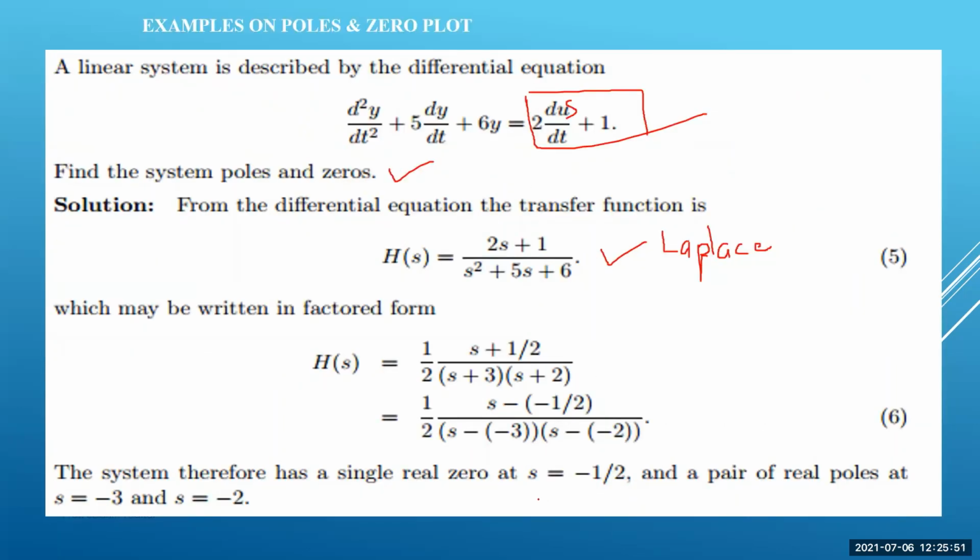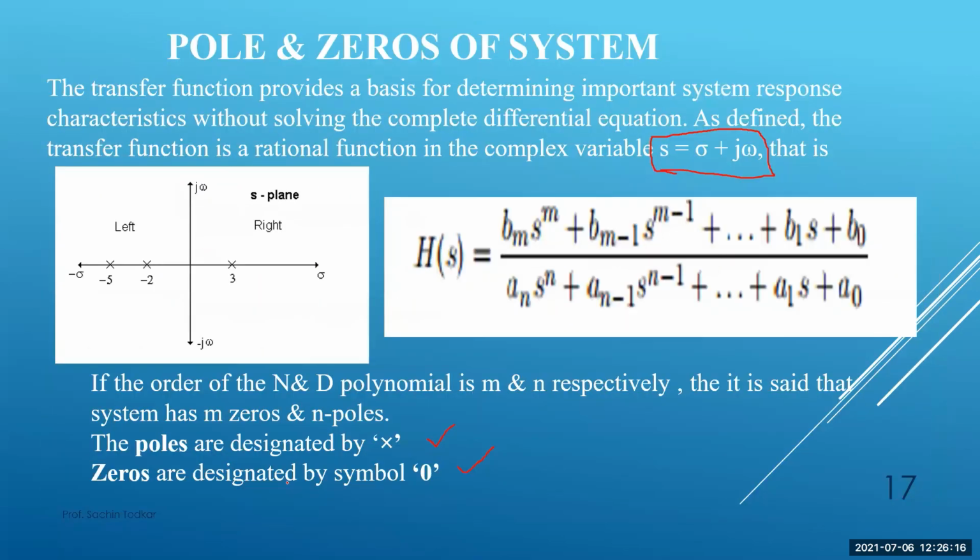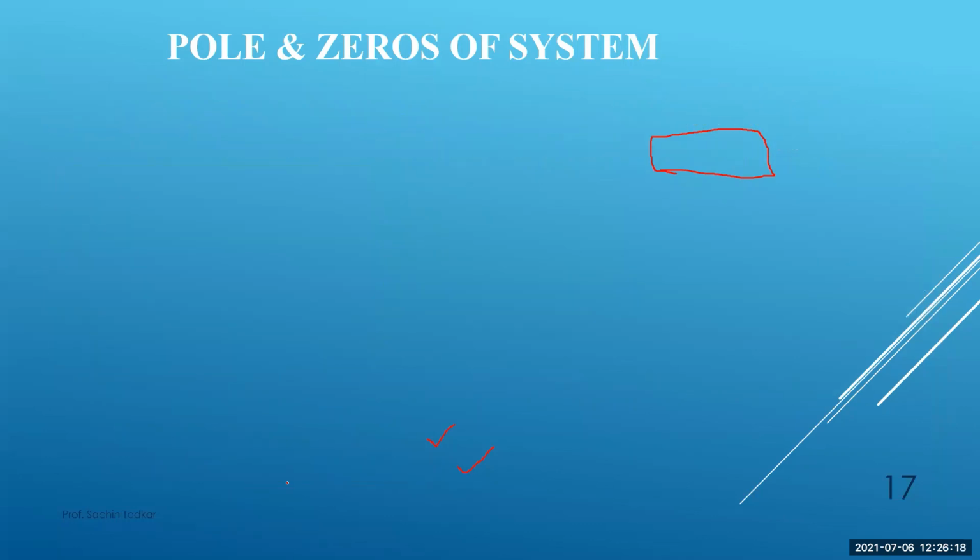So in the same format, it is s minus minus 1 by 2, and s minus minus 3, s minus minus 2. So you'll get a real zero at minus 1 by 2, and poles will be at minus 3 and minus 2.